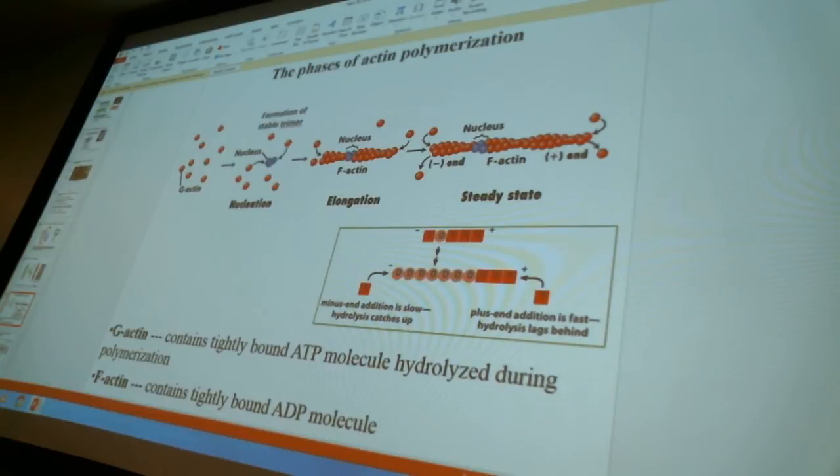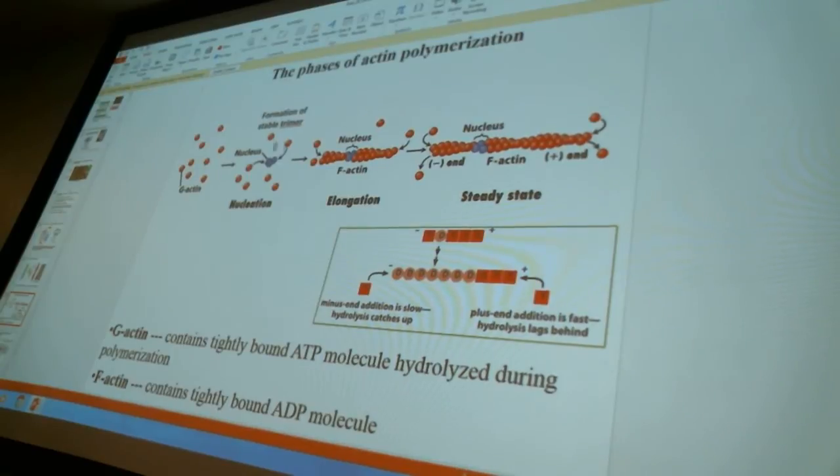So how does the polymerization of actin start, both in vitro and in vivo? It's a rather spontaneous process, but there is this initial stage of so-called nucleation, where a triumvirate of three molecules forms an initial seed to build a quickly forming filament.